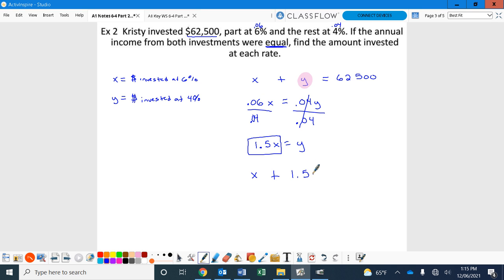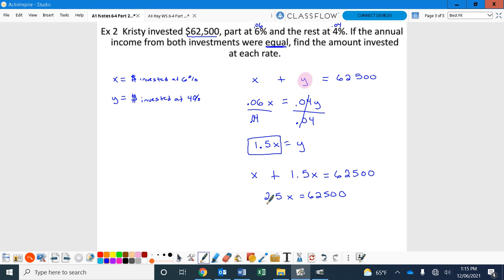See how much better y'all would do on substitution if you did the retest? 62,500. Oh, what is x plus 1.5x? 2.5x. Nicely done. No hesitation. Equals 62,500.